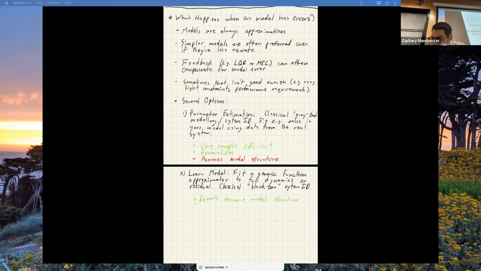Similarly, it also generalizes in the sense that once you've got the model, you can do whatever you want with it. You can do different tasks with it. The major downside is it's not sample efficient. It requires a ton of data to fit this very expressive function with a lot of free parameters.